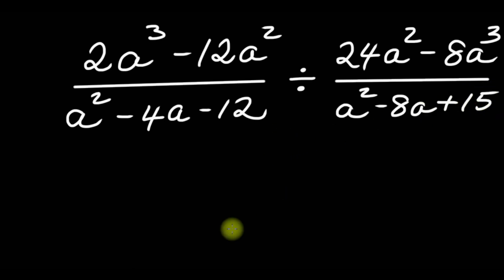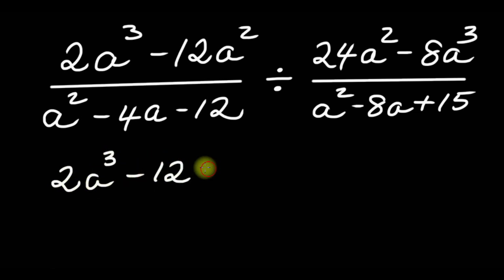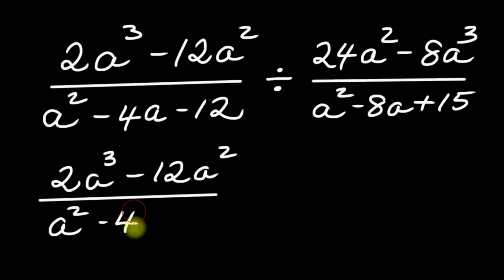Okay, so division. First thing we're going to do is change it to multiplication. So that means we keep the first expression the same. Then we change it to multiply.